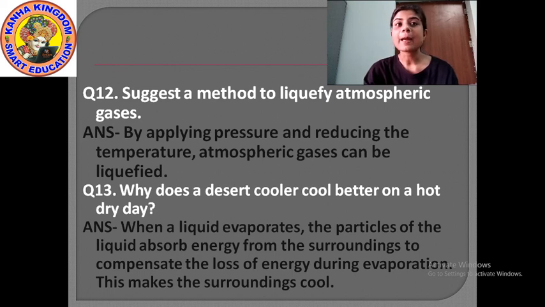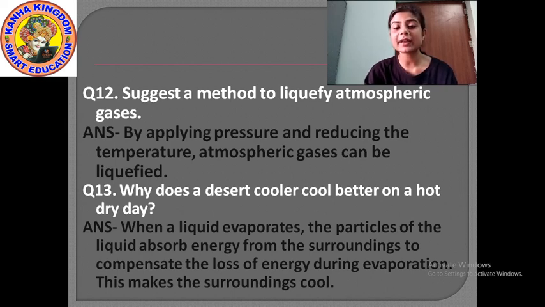The answer is, by applying pressure and reducing the temperature, atmospheric gases can be liquefied. When you apply some pressure and when you decrease the temperature of the gas, that means when you condense it, the atmospheric gas can be liquefied.